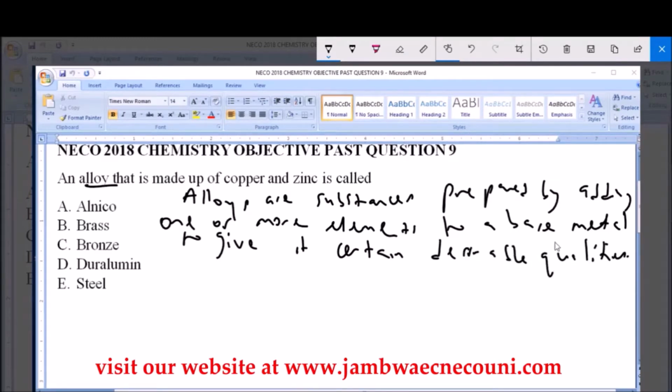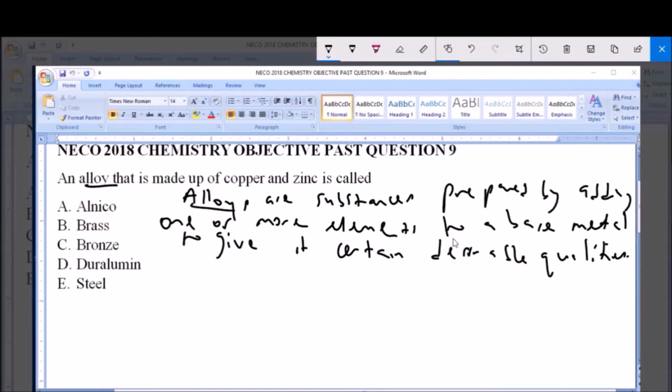So basically, formation of alloys involves mixing or adding one element to a base metal, to a metallic element, to give it some certain desirable qualities or characteristics. So let's look at each of the options, the alloys in each of the options, and what constitutes those alloys.